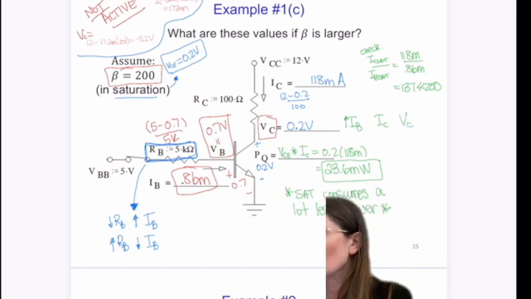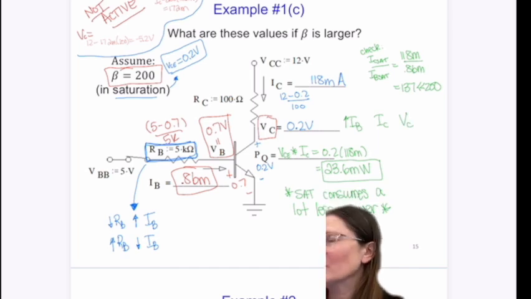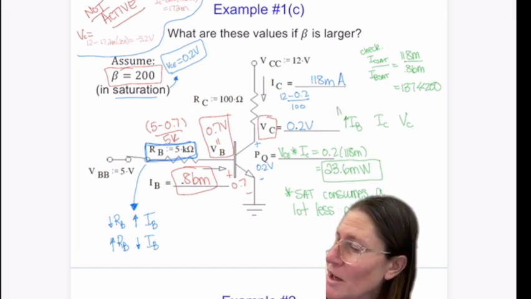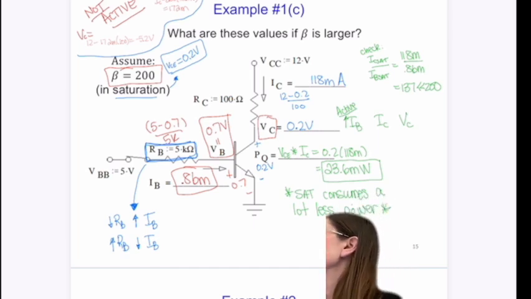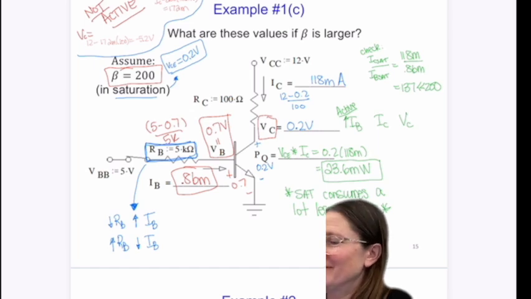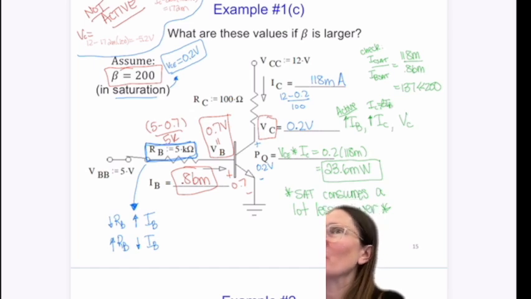So if I've increased IB, what happens to IC? Does it go up or down? If I'm in active, it would also increase, right? Because IC is beta IB. If I've increased IC, what happens to VC?